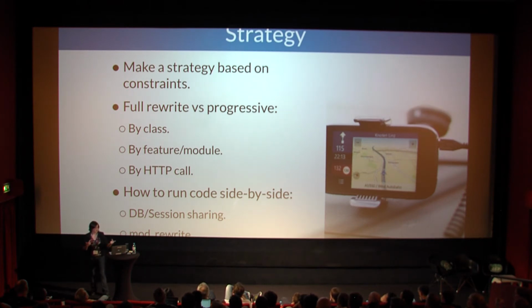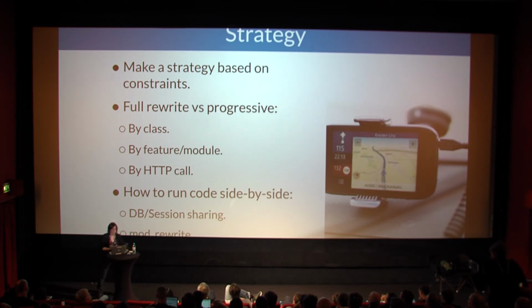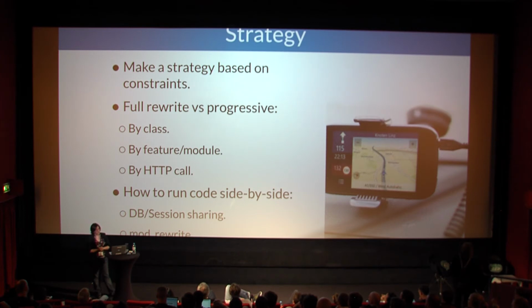And you can assert those inputs and outputs and create tests for them. So you can rewrite that way. I often use mod rewrite, or if you use Nginx, similar also. Mod rewrite is for Apache, so you can forward individual HTTP calls to a completely different application, which has its own routing. It takes care of everything.